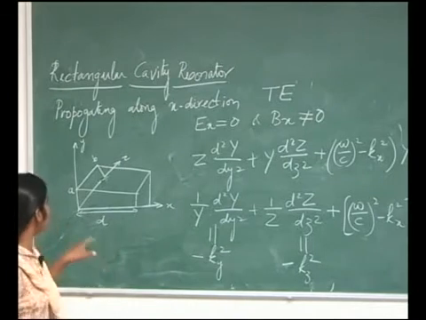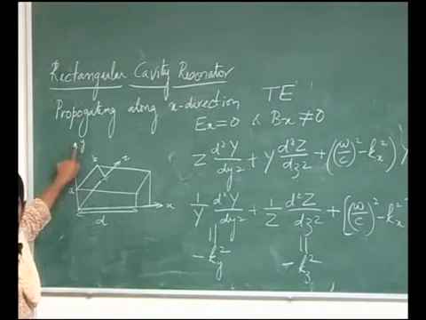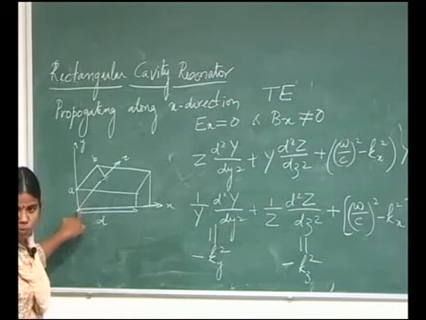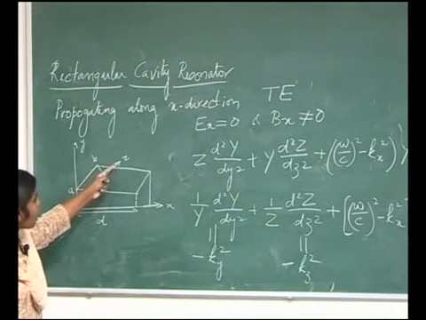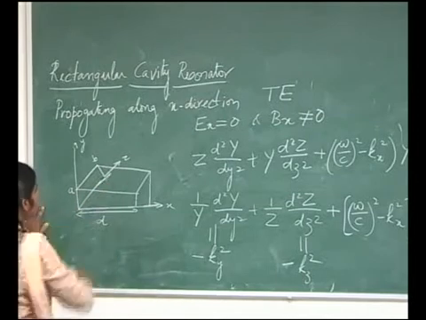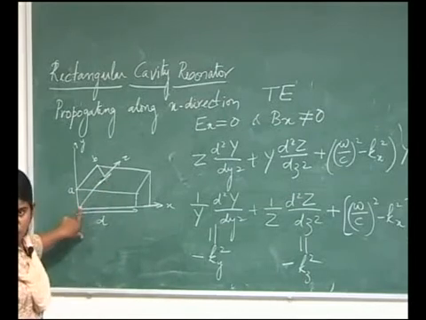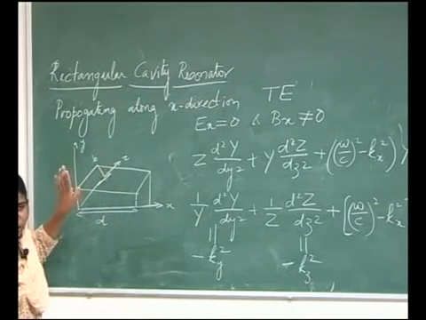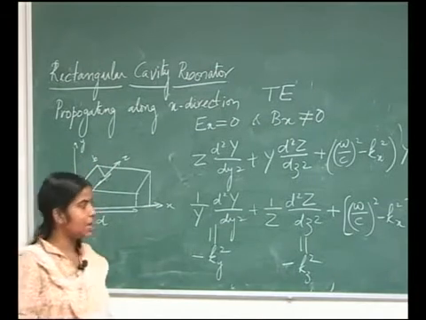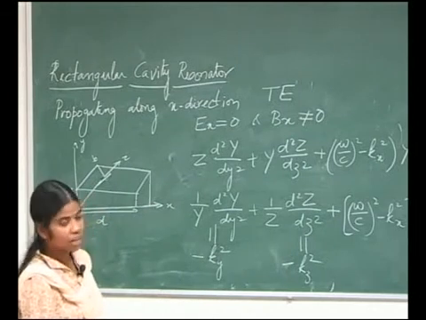So let us see here. Along the y axis, I have 2 boundaries. One is y is equal to 0, another one is y is equal to a. Along the z axis, I have again 2 boundary conditions at z is equal to 0 and z is equal to b. Okay, so I have 4 boundary conditions. I can calculate A1, A2, A3 and A4.